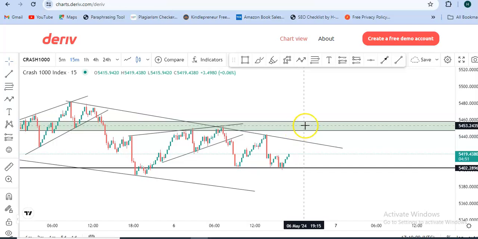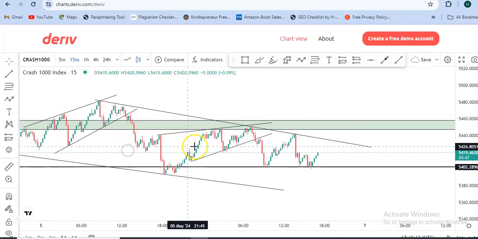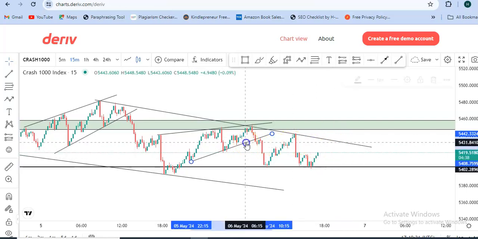You want to see a breakout on that time frame before you trade. It will take a long time, so you can just come to the 15 minutes time frame, look at your chart and try to apply what you know. Then you see there's a very high chance of making some good money with these setups.